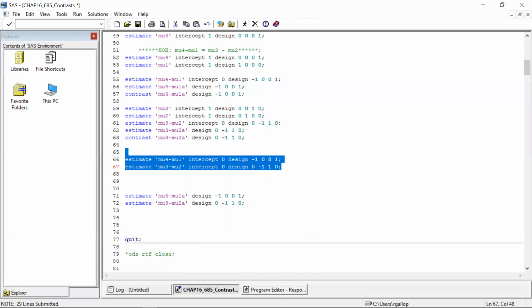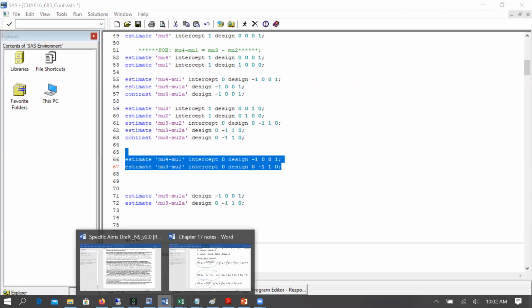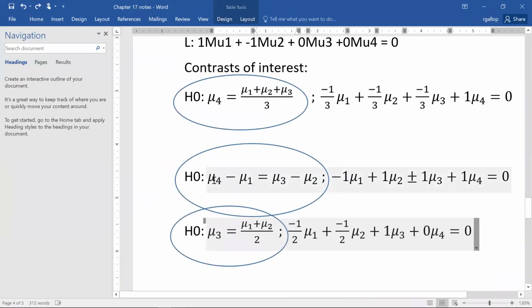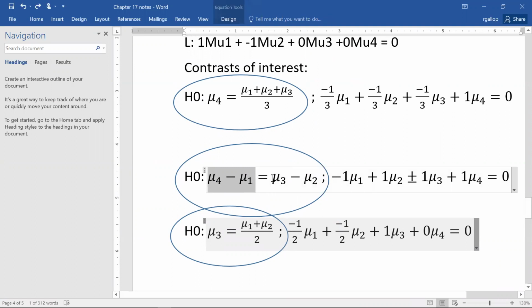So now if I go back to the Word, so now remember, in this case here, I'm looking at this on average difference compared to this on average difference. In reality, I'm looking to see, is this difference different than this difference? In fact, is this difference minus this difference statistically different than 0?